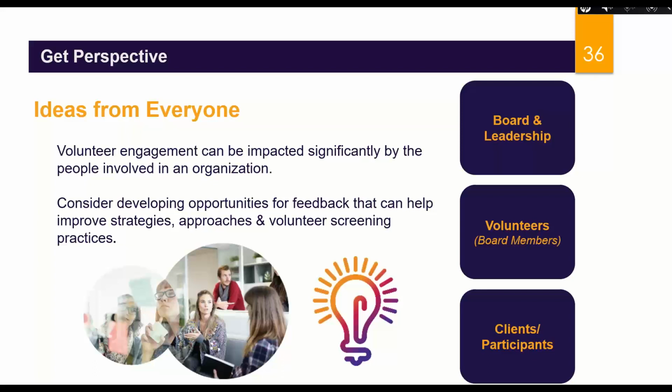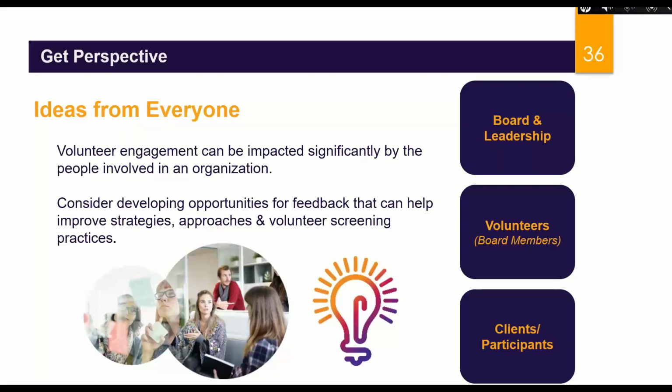Why do they volunteer, and what keeps them coming back? That gets at those motivations. Any opportunities identified or observations for improvement. Volunteers, I think, are in one of the best positions to tell us how to improve our policies and procedures to make the best experience for both them as well as our organization and clients.